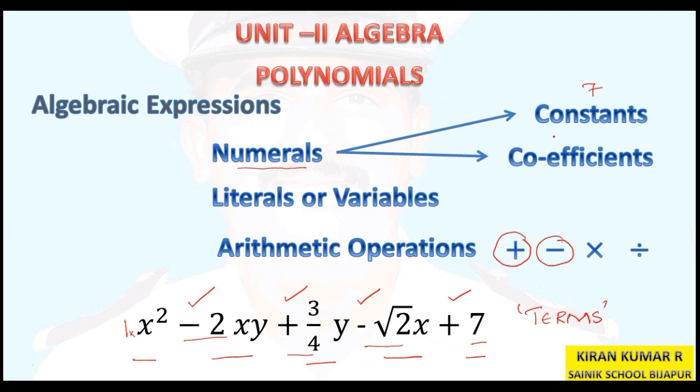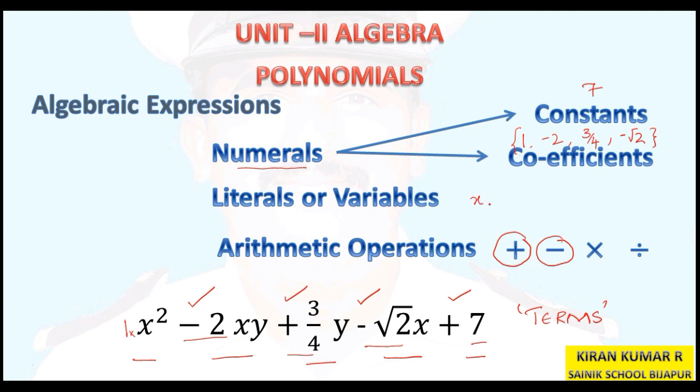There is only one constant in this algebraic expression, that's 7. 1, minus 2, plus 3 by 4, minus root 2. These are coefficients. 1 is a coefficient of x square, minus 2 is a coefficient of xy, plus 3 by 4 is a coefficient of y, minus root 2 is a coefficient of x.